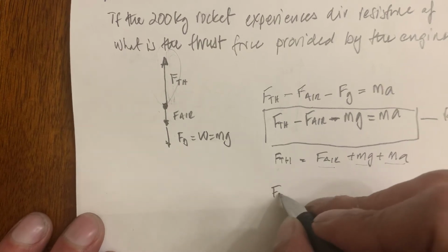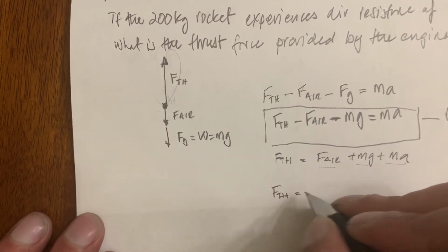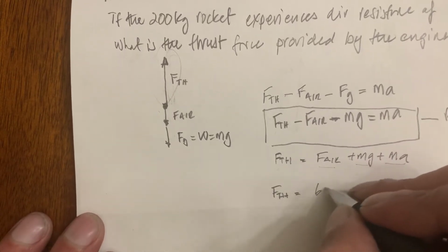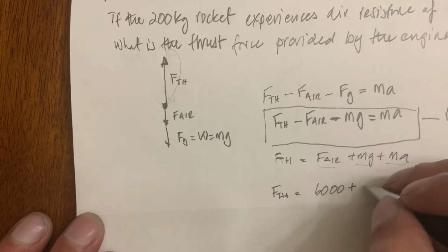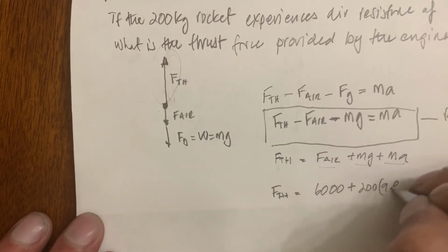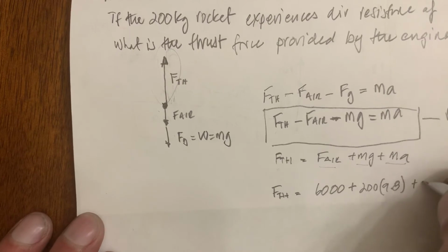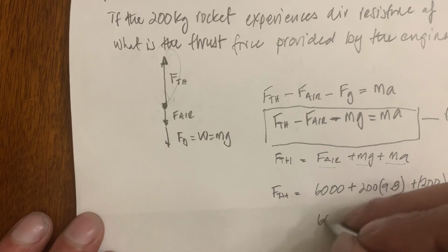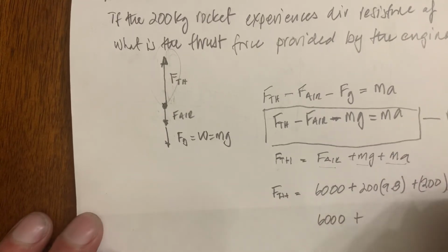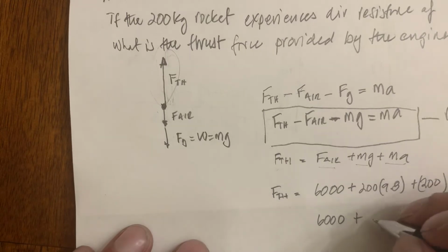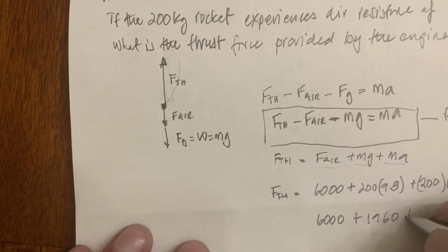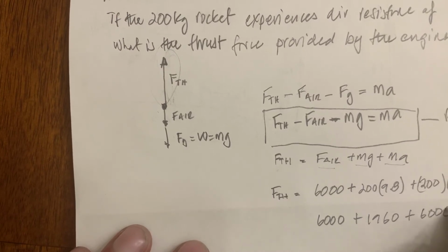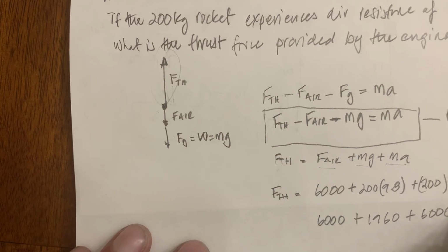And so if I just plug in the numbers, FTH is going to be F air, which is 6,000, plus 200 times 9.8, plus 200 times 30. So that's 6,000 plus 1,960 plus, 200 times 30 is 6,000 more.